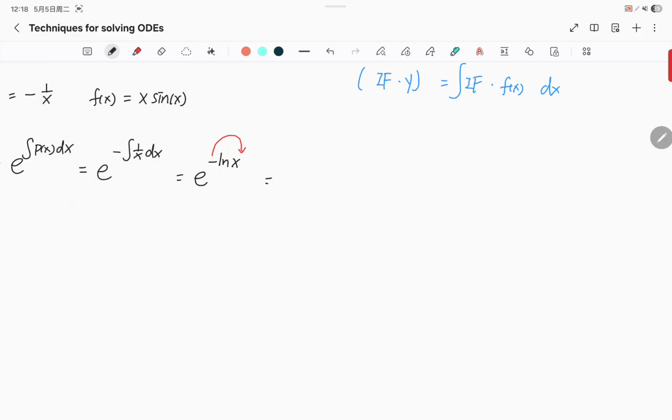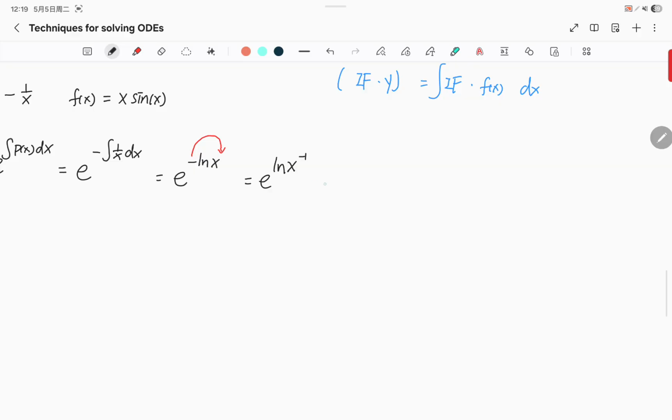So we have e to the ln x to the power of negative 1. And what's magical here is, I didn't know this before I took this course. I learned it in the classroom.